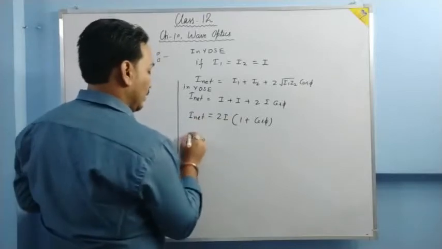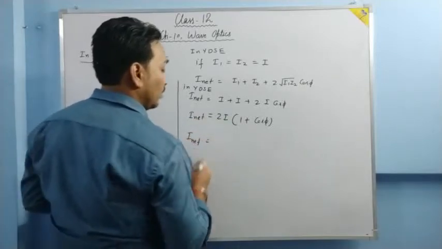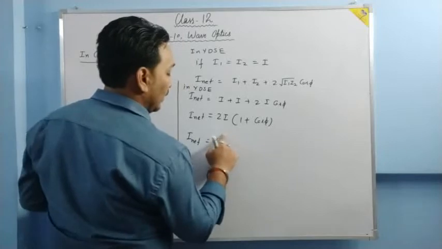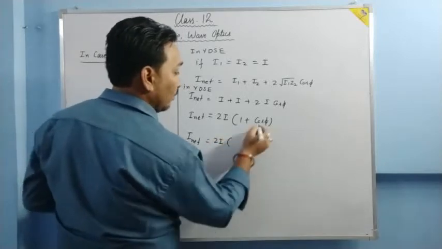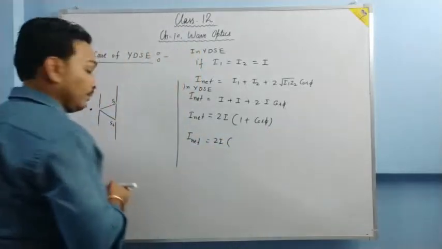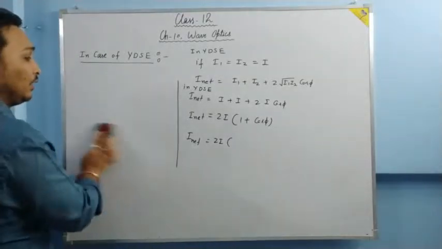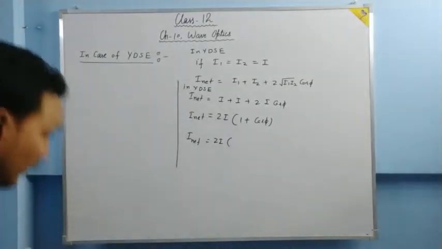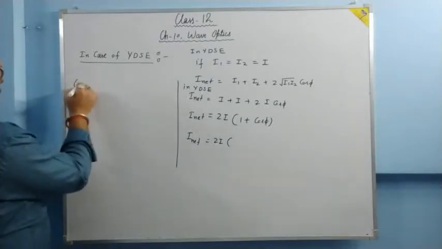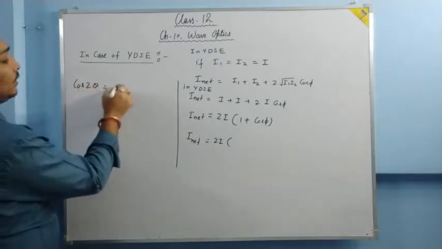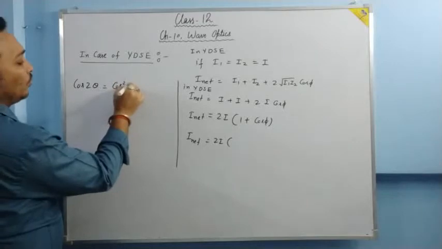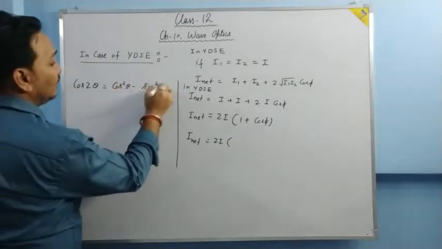Now what happened? I net will be equal to 2I. I am going to apply a formula for cos phi here. In trigonometry, we all know that cos 2 theta is equal to cos square theta minus sin square theta.